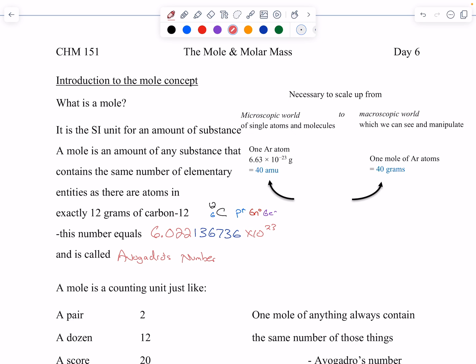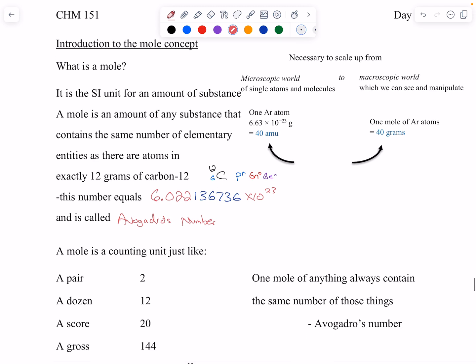And so it's a counting number, like a pair is 2, a dozen is 12, a score is 20, a gross is 144. This just happens to be large.